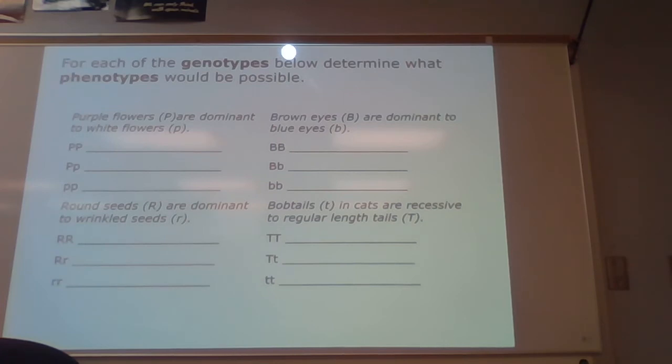For each of the genotypes, what would the phenotypes be? That was a trick question. Share those with your group members.